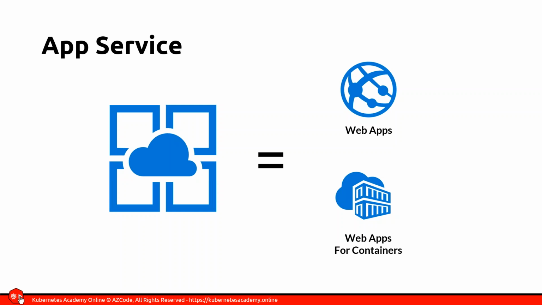So each one has its own use case, and for smaller types of workloads and applications, App Service is perfect for running one or a couple of containers. So it's not a full orchestrator here.